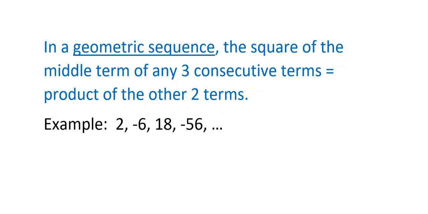One last thing. In a geometric sequence, the square of the middle term of any 3 consecutive terms equals the product of the other 2 terms. So this one is found on page 583. When you're looking at this one, the one in the middle, 18 squared, is going to equal the product of the other two.